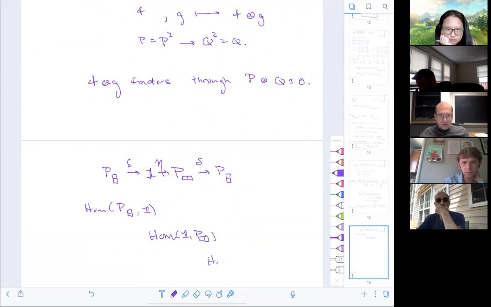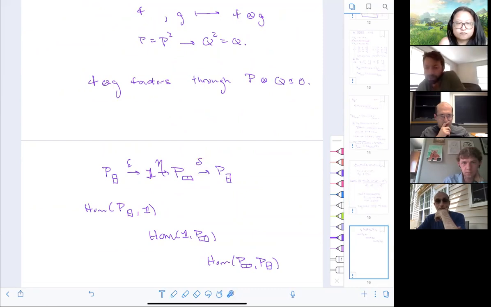And Homs relating the projectors is also an algebra with this guy playing the role of a unit, but it's a degree 1 unit. So the multiplication should be thought of as a multiplication of degree -1. It's a little bit weird.